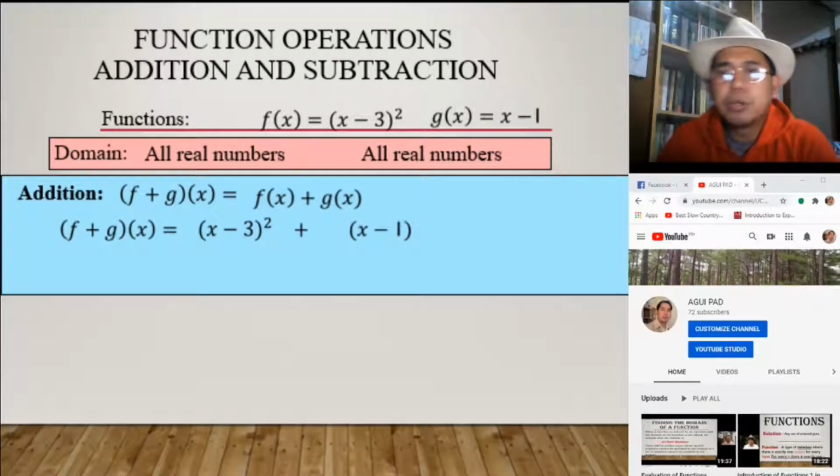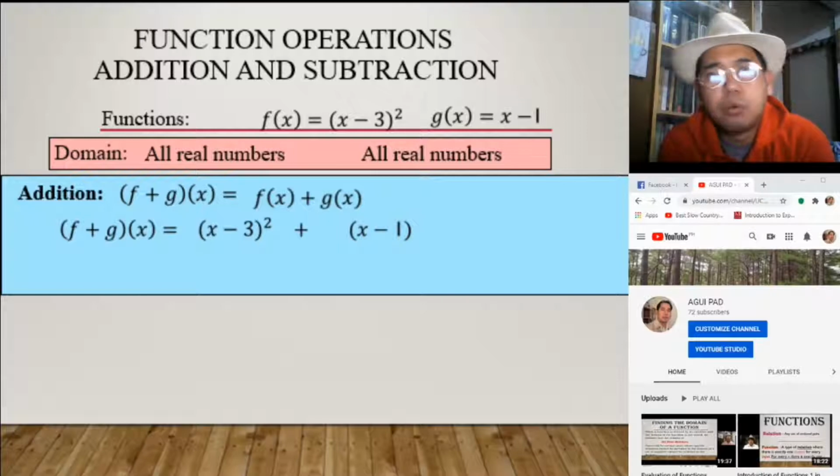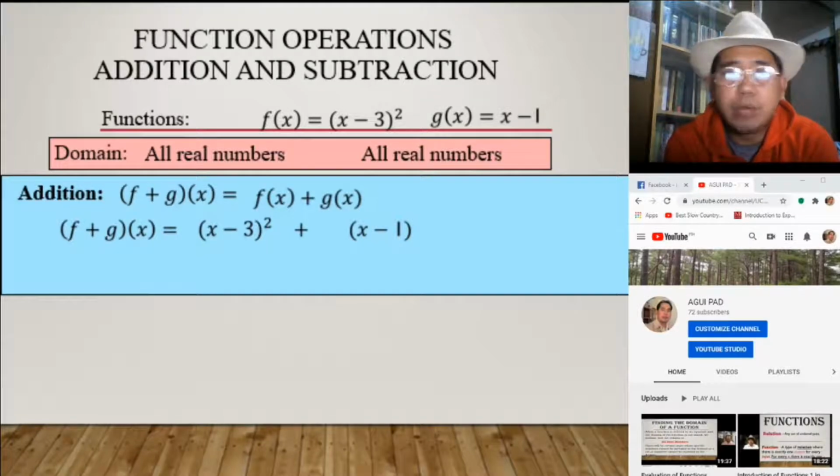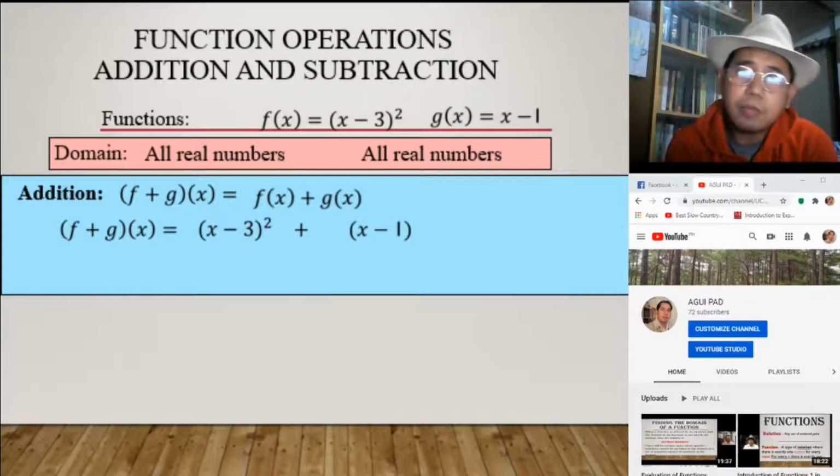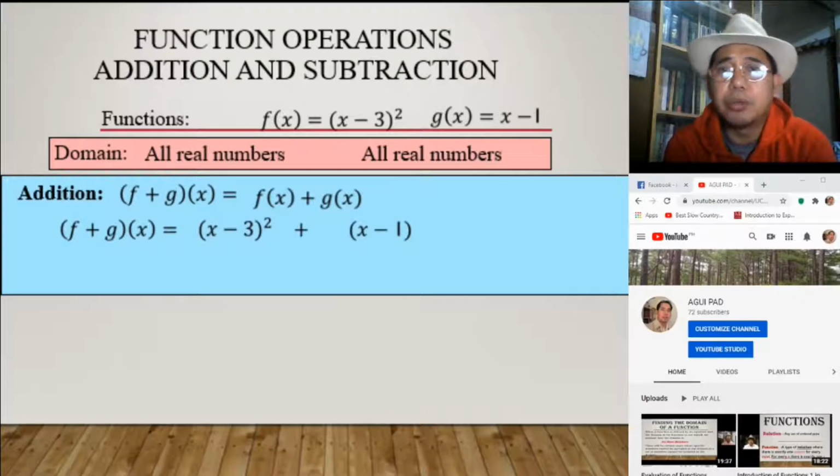Now, how are you going to add the two functions in here? Of course, if one of your addends is in the second power, or shall we say the square of the quantity x minus 3 raised to the second power, what are you going to do?